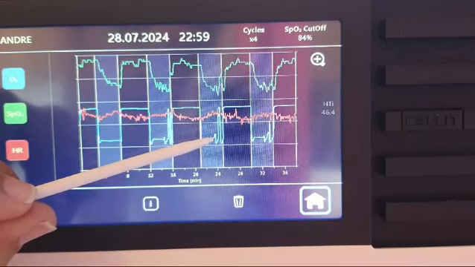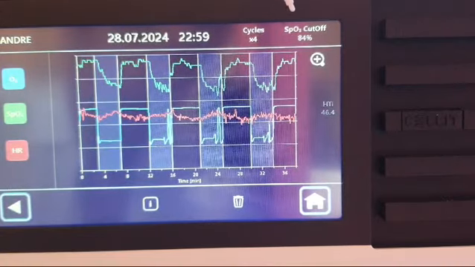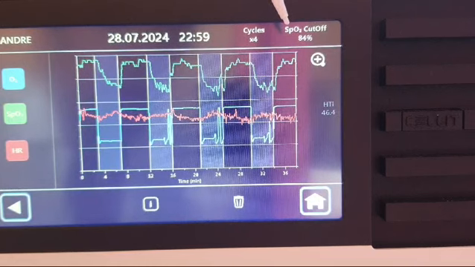Well, given that he has gone below the cutoff, I think we can do two things. We can obviously reduce the cutoff. If we are talking about a user who has experienced good recovery after his session, then he should probably allow himself or herself to go to a lower level of SpO2.